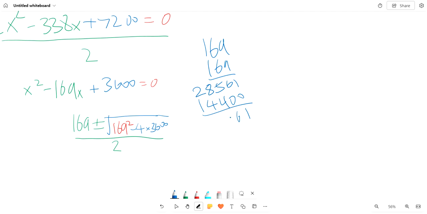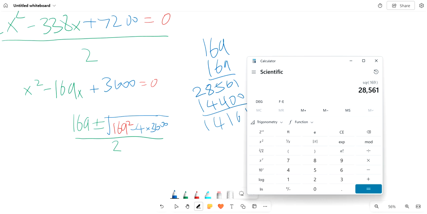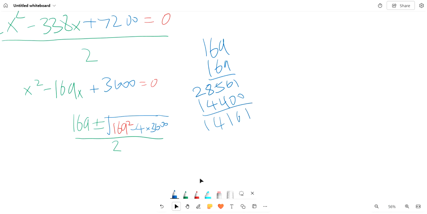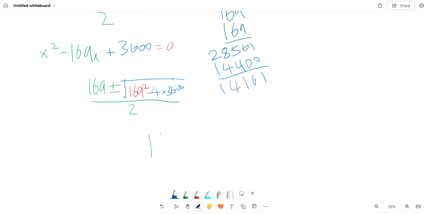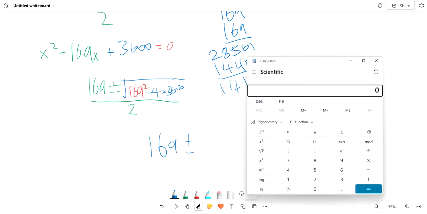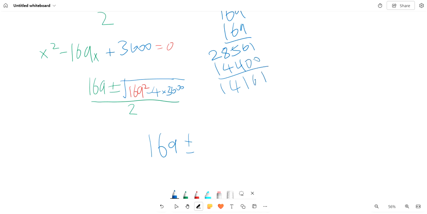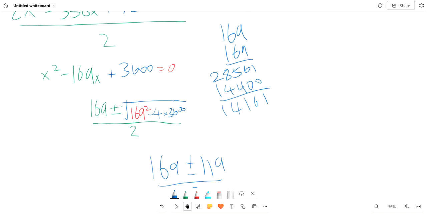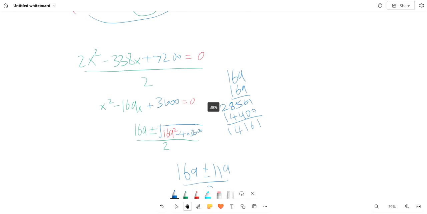And then we get 16141, and we put this into the square root. Oh my god, it's a perfect square, guys. And we get 169 plus or minus the square root, 119, over 2.